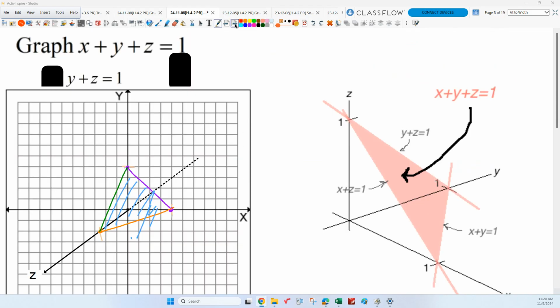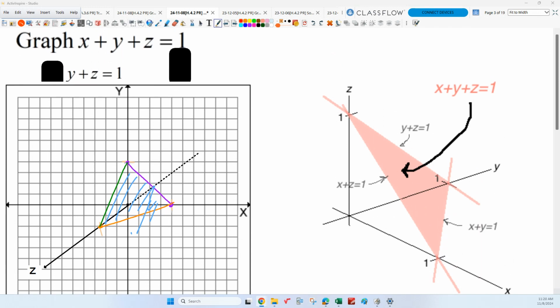So a linear system then would be, and if we want to graph a different plane, like x plus y plus z equals 1, well, we could use the technique you guys saw yesterday: we could find the x-intercept by setting y and z equal to 0, and we could find the y-intercept by setting z and x equal to 0, and so on. And we could create 3 points. It takes 2 points to define a line, right?